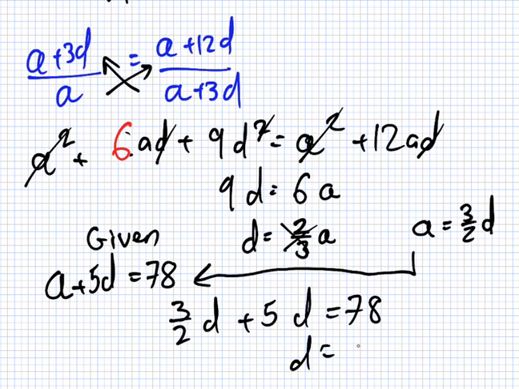Then we can solve that for D, no problem. And you get D is 12. And then I can sub that back in to get A. So therefore, A would be 18. Yep, that's that one finished now.